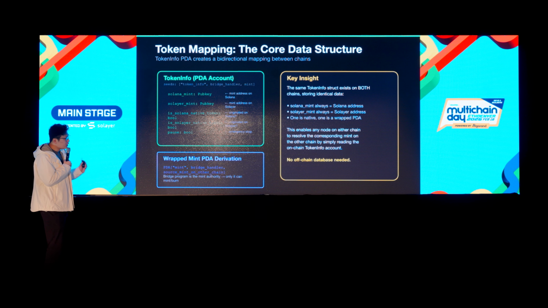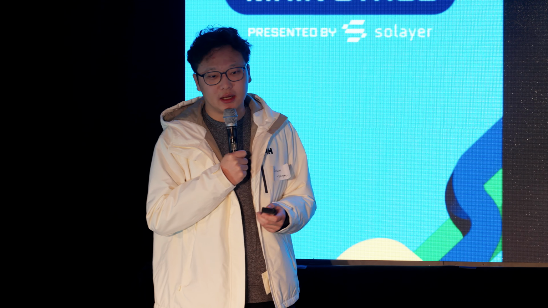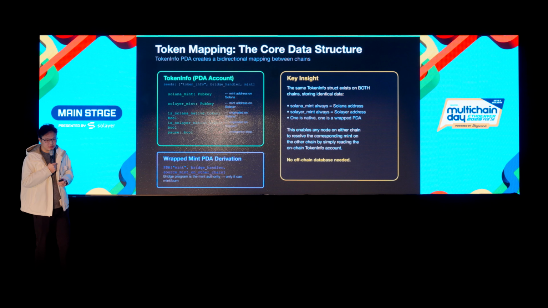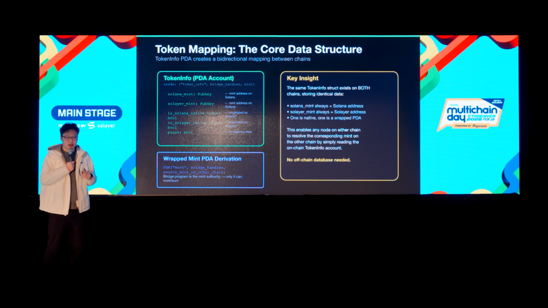So the token mappings would have the mint address on Solana and Solayer. But more importantly, the PDA derivation is actually deterministic. So you'll see that the token info PDA account, which is what you use to query this piece of data, is also deterministically derived.